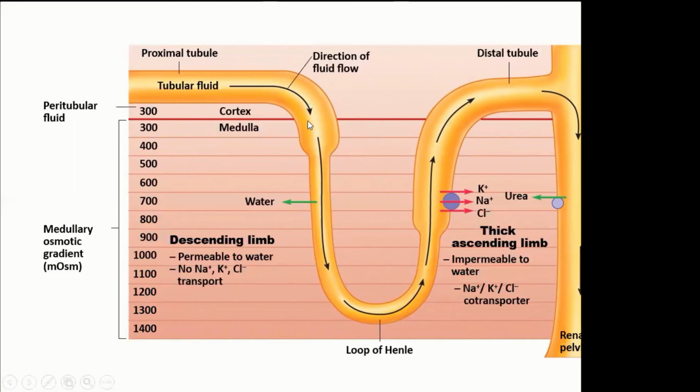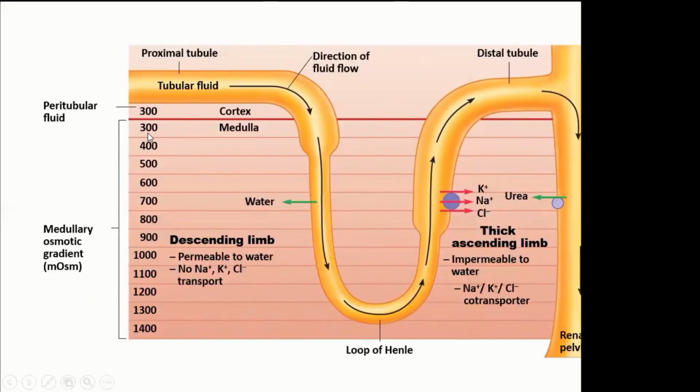And we can see that the way the nephron works is that as we enter the loop of Henle, we're going to cross from the cortex into the medulla. Our cortex is at this 300 milliosmoles of osmolarity. Remember, that's the balance we're going to be trying to keep, as we saw a couple slides ago.